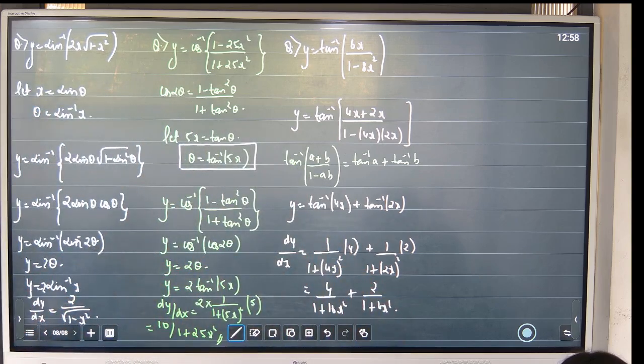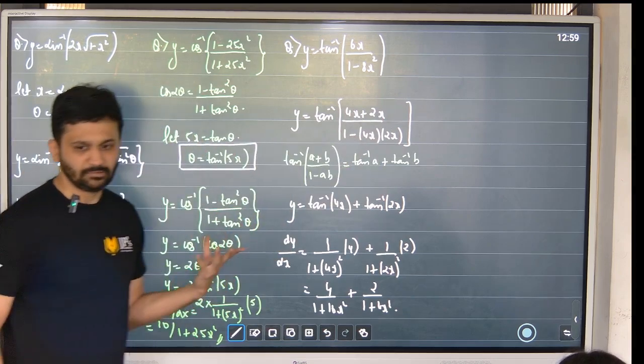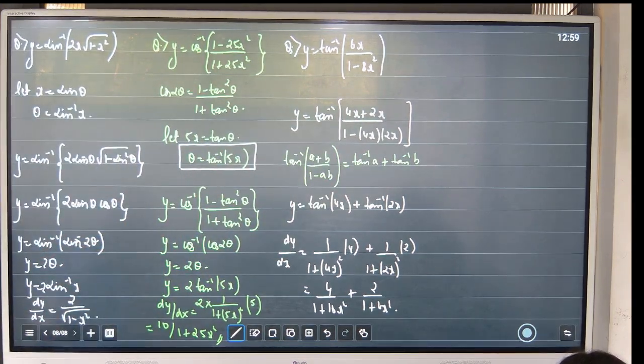Did you guys understand this? The tan formula is tan a plus b is tan a plus tan b upon 1 minus tan a tan b. The only thing is it comes in inverse. That we had done in the 11th grade. Tan a plus b, tan a minus b. The same is for inverse also. Did you guys understand this? Anybody has any doubts here? No.